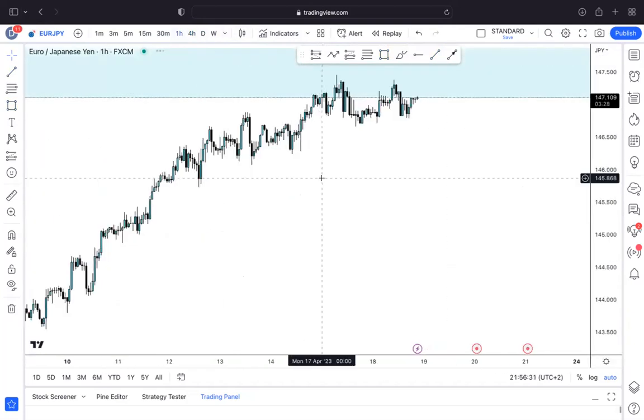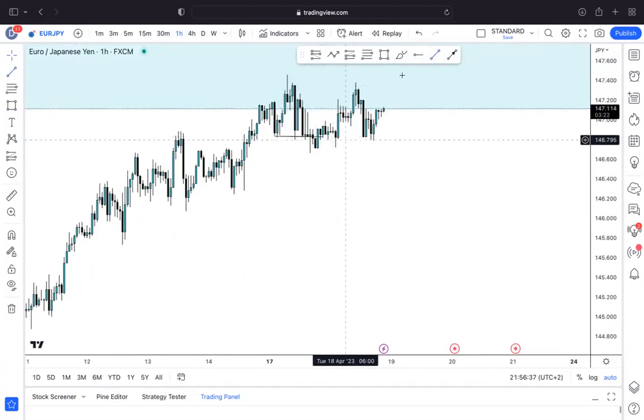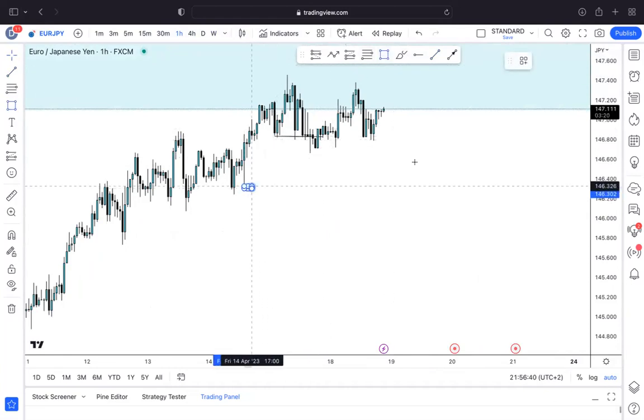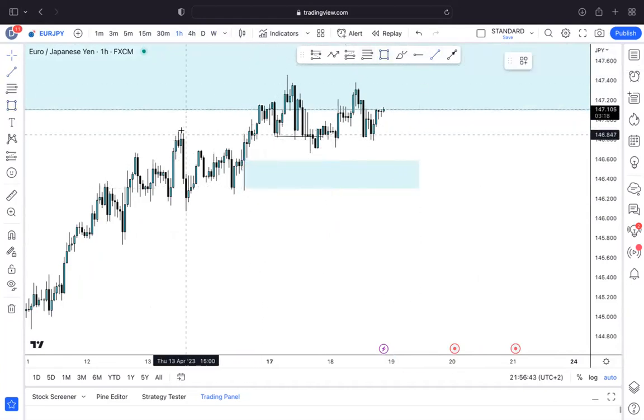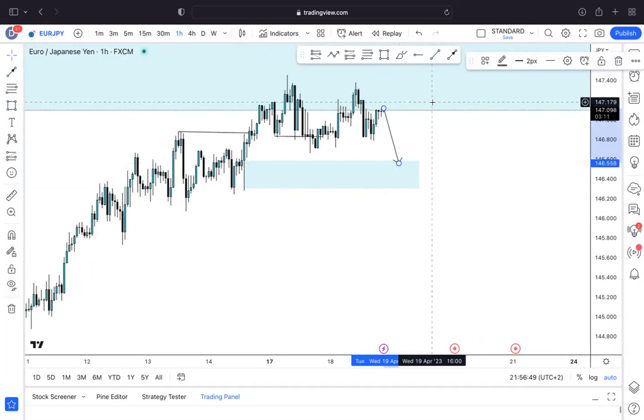So let's see how the 1 hour is looking. 1 hour is looking quite bullish. I am looking at this wick here though, because it broke this structure. So probably come down, and then go higher.